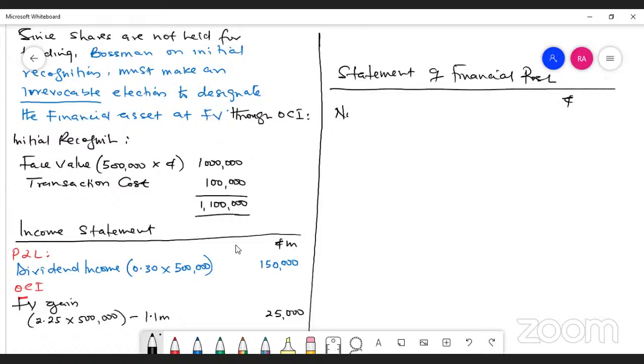Under non-current assets, we have an equity investment of 2.25 times the 500,000.